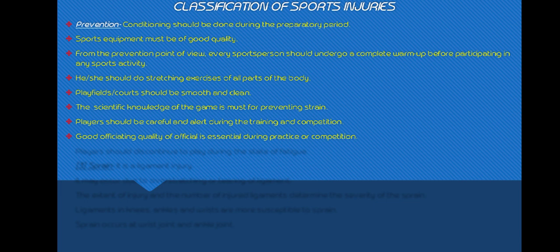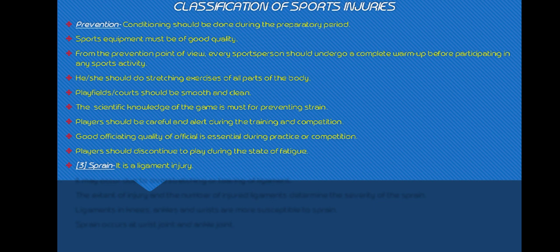Good officiating quality of officials is essential during practice or competition. The last one is players should discontinue to play during the stage of fatigue. And the next and third one is sprain. It is a ligament injury.